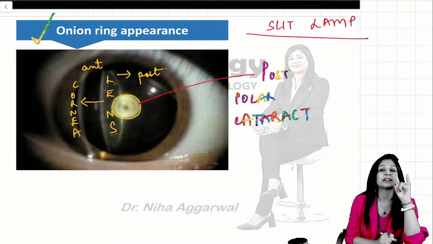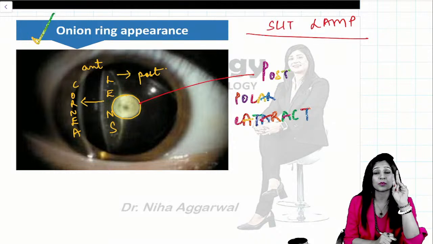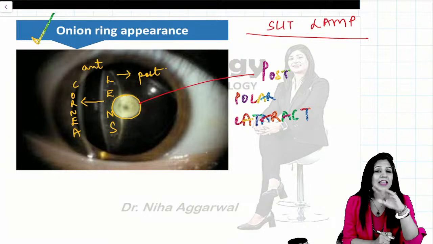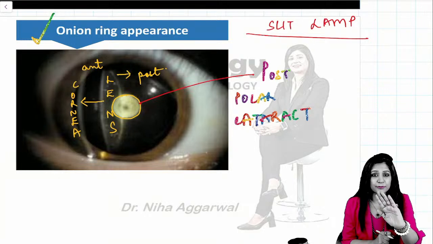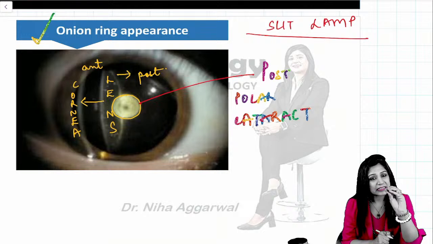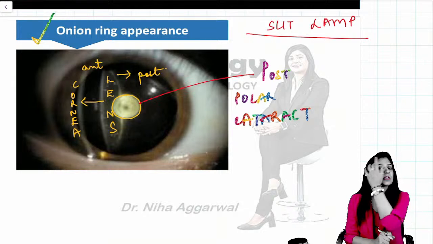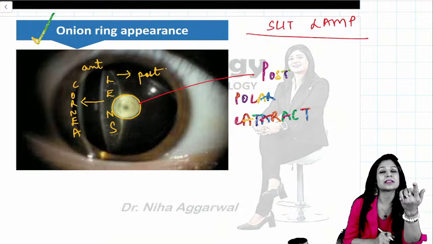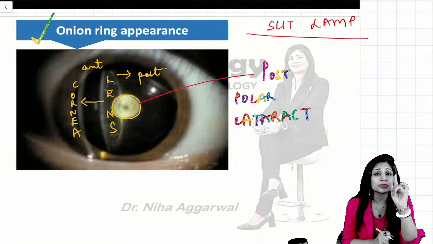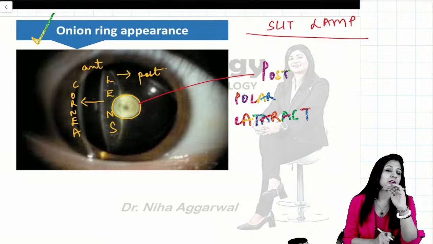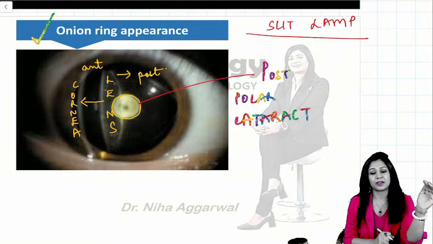So first of all, it's a slit lamp finding. How to find out? With the cornea, the lens, anterior surface, posterior surface, and the opacity is lying at the posterior pole. Therefore this is the posterior polar cataract, and posterior polar cataract shows you the typical appearance called the onion peel appearance, right?